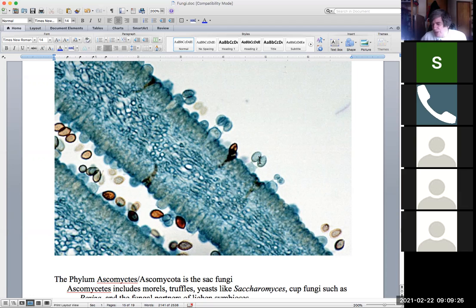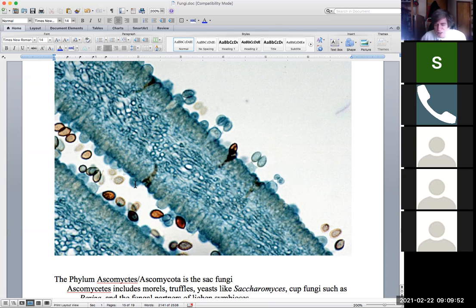Now, notice on some of the basidia, we can see spores attached. We can only see 2 spores here. Keep in mind, that doesn't mean that there weren't 4 spores because a mushroom is fairly large. So when we make a thin slice through it to put it on the microscope, sometimes we tear some of those spores loose.